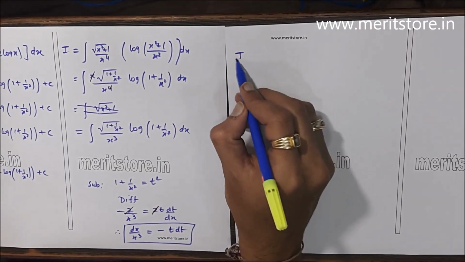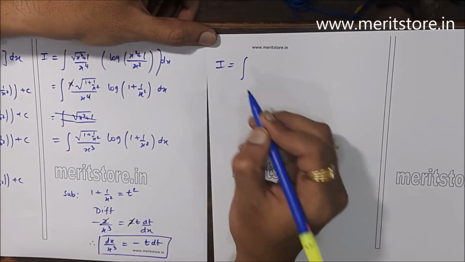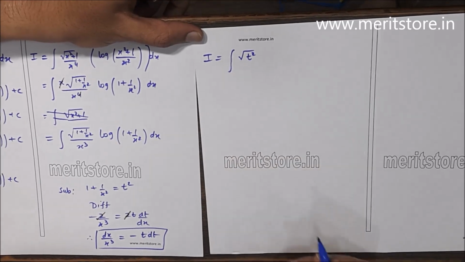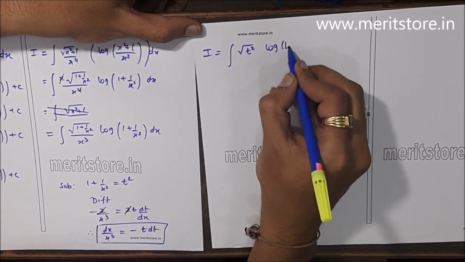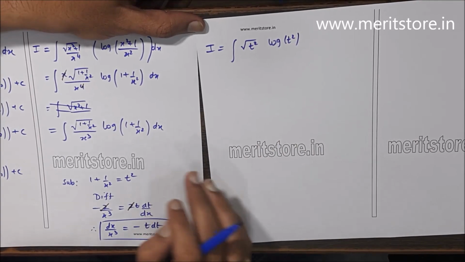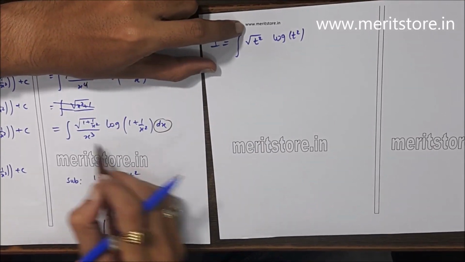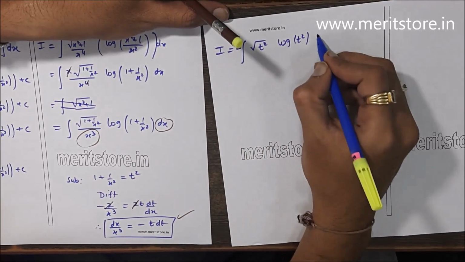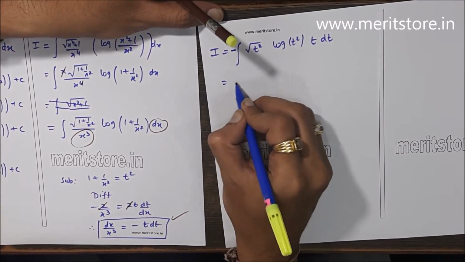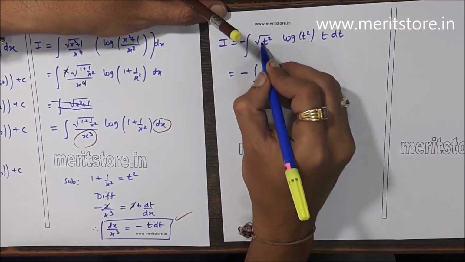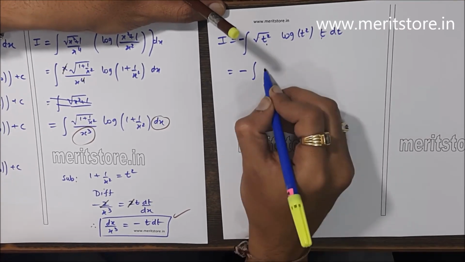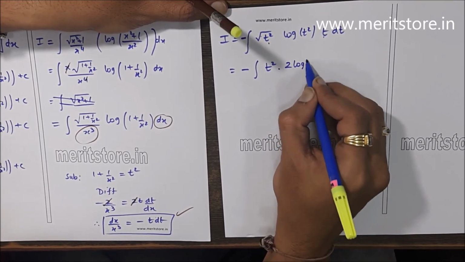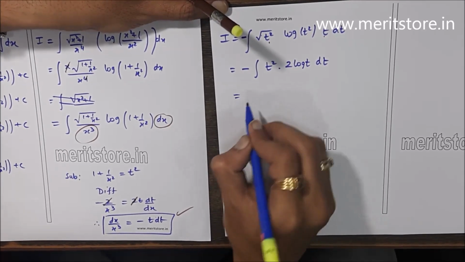Using the substitution, integral of the root of t square, log of t square, and dx upon x cube will be my minus t dt, which is minus of root of t square is t, and this t will give me t square. Applying the laws of logarithm, this becomes 2 log t dt.